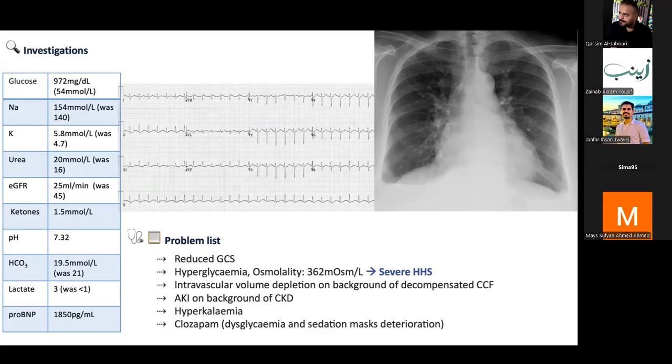In addition, the trigger here is that he's on clozapine, which causes high insulin resistance. It also masks his clinical deterioration because it's a sedating agent, which would already make him drowsy. So he may not be able to mention that he's unwell, or he's thirsty, or that he needs his blood sugars checked. Good.